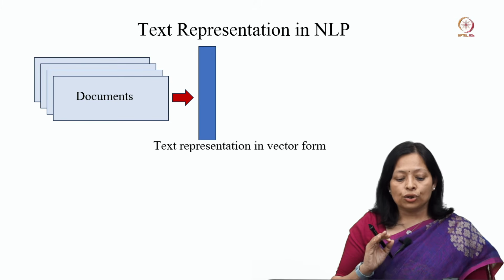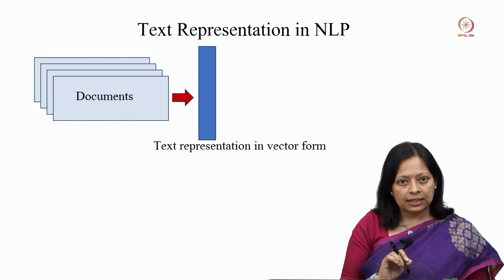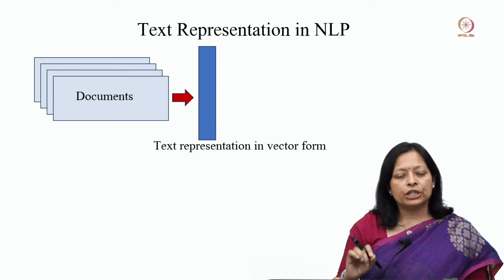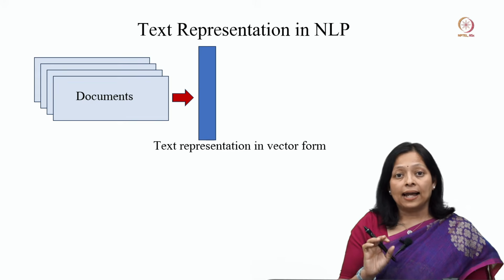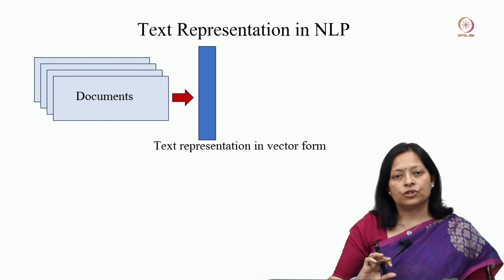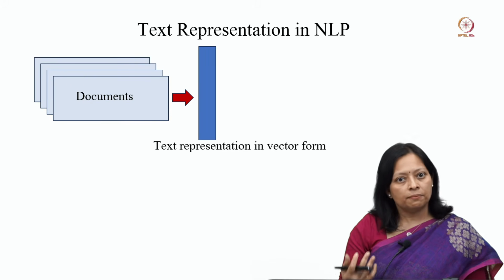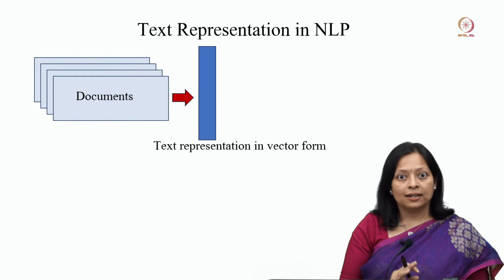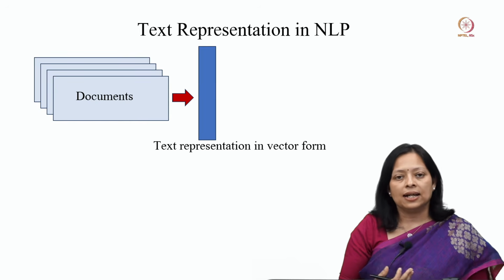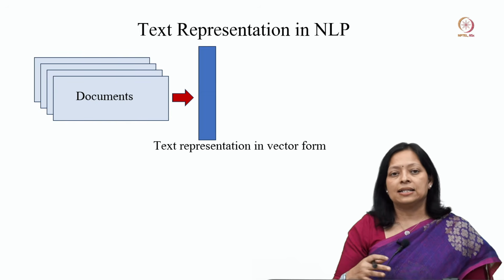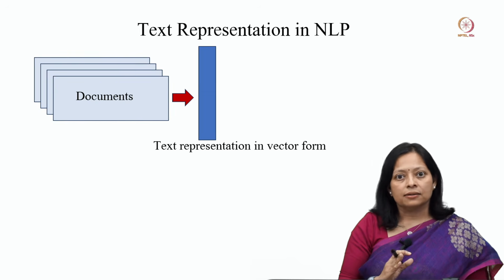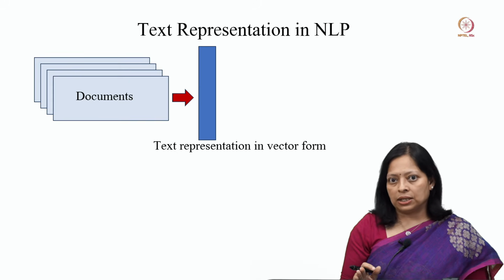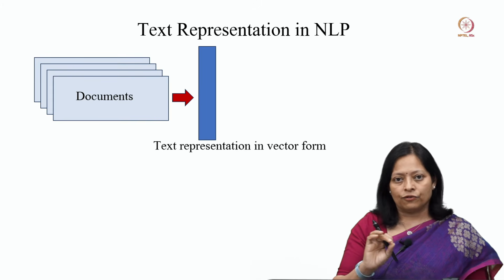So the text present in the document will be represented in the form of a vector, and only these mathematical representations will be understood by the machine or the model, because the model will not understand the text or the meaning that the sentence is conveying if the input is in the form of text.